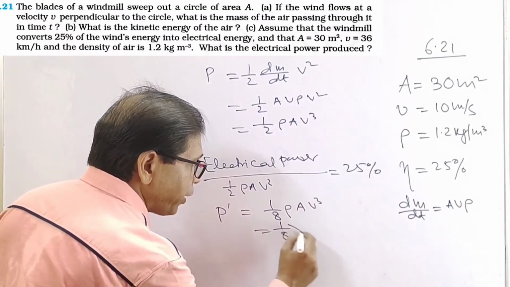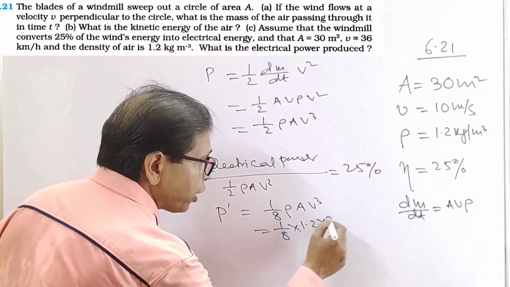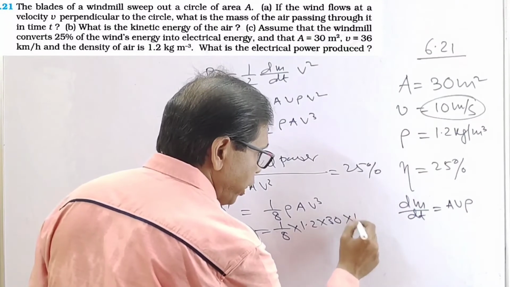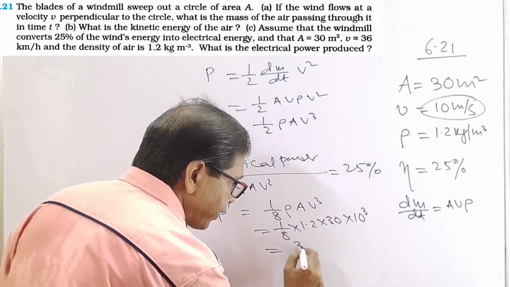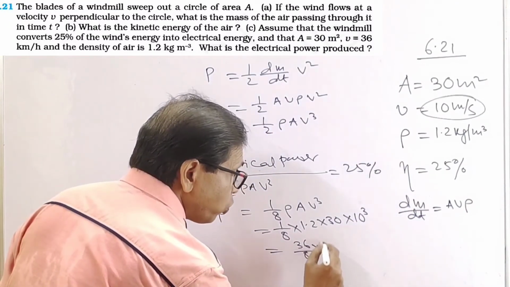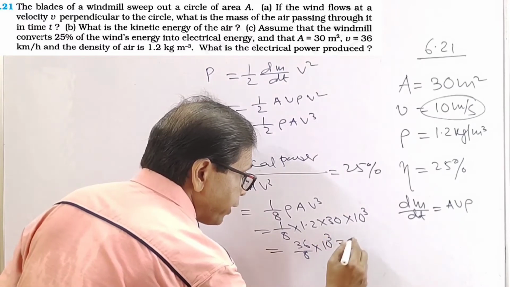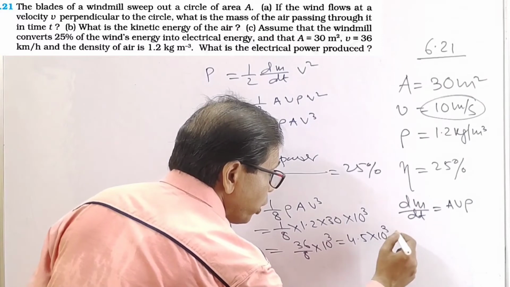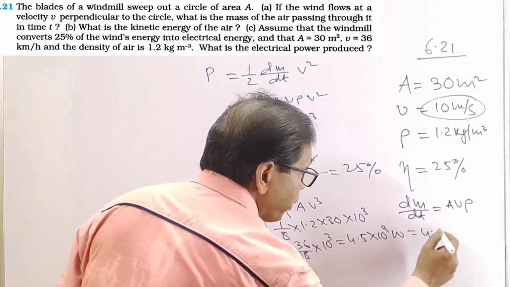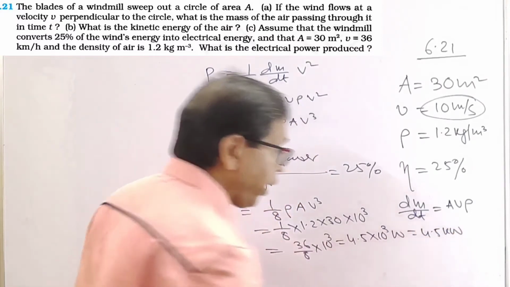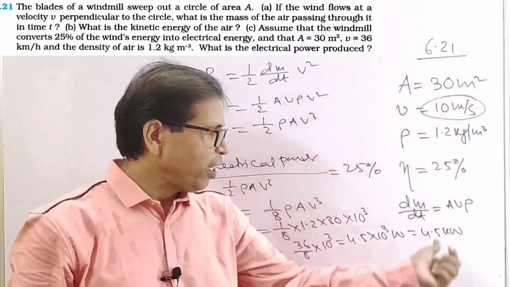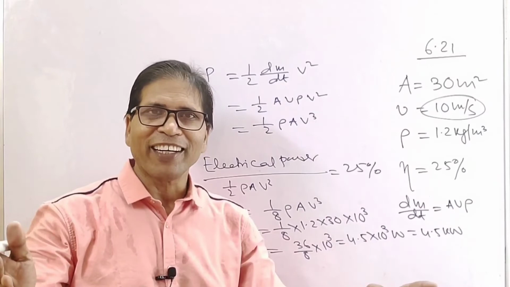Now rho is 1.2, A is 30 and v is 10 meter per second, so 10 cube. This is 36 by 8 into 10 cube, which is 4.5 into 10 to the power 3 watt, that is 4.5 kilowatt. So electrical power generated from the windmill is 4.5 kilowatt.